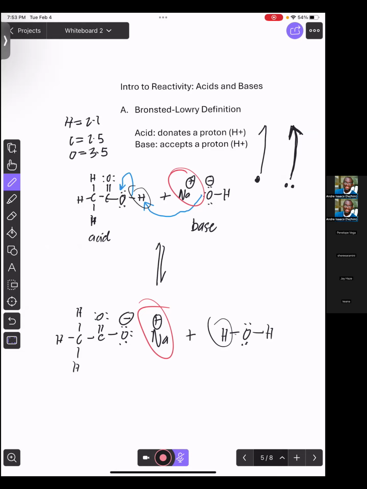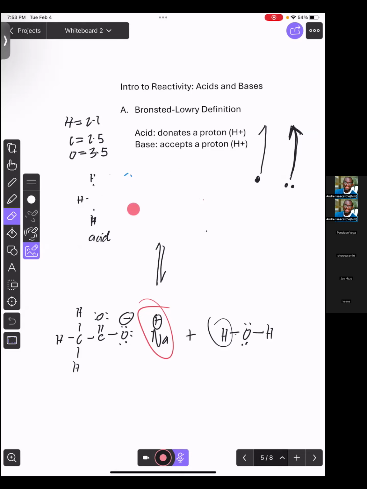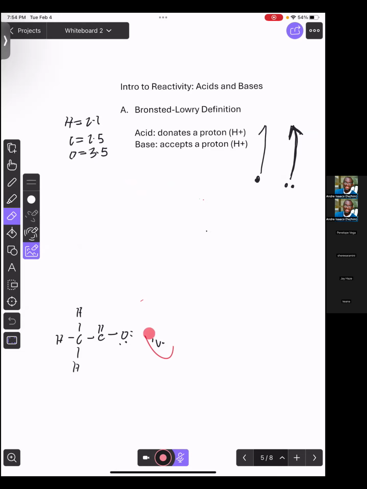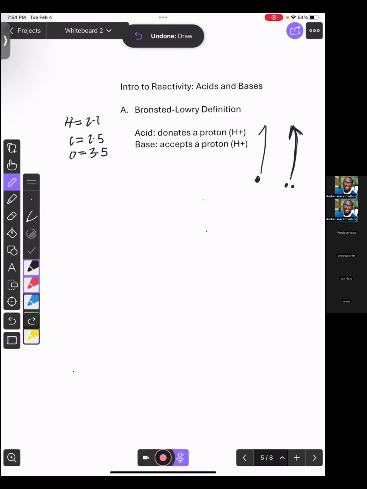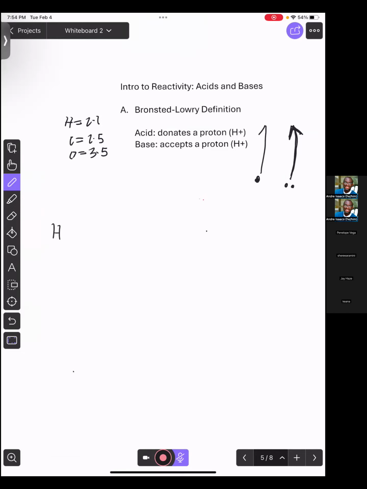All right, let's try one on your own. I'm going to switch this up for you and give you one that's a little bit more challenging, perhaps. I'm going to give you a base that actually doesn't have a negative charge. But I'm going to label it as a base and label it as an acid so that you can figure it out. So here is a hydrogen atom attached to a chlorine.